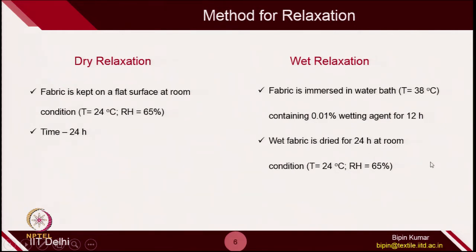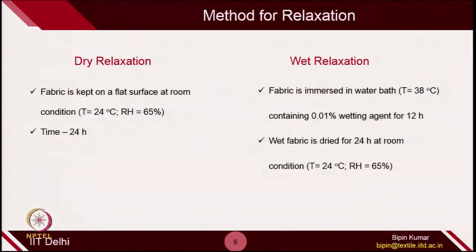This is done to make sure the fabric remains stable after multiple uses, because if you take the fabric out of the machine and make a garment immediately, you will realize the garment size will reduce after some time. You do not want that, because you always want the fabric size and garment size to be stable, and it should not shrink even after washing. That is why two methods are always followed in companies as well as by researchers.